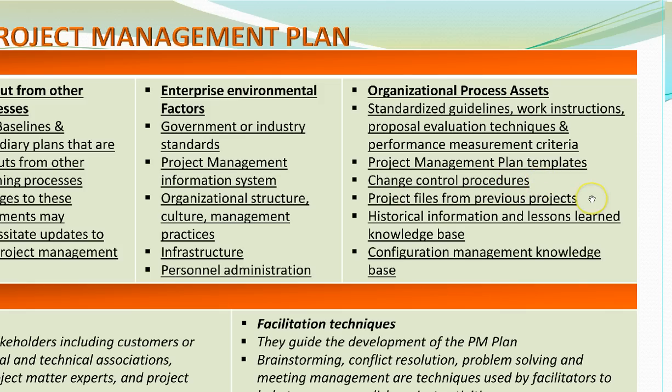project files from previous projects, because the company has done previous projects, so we use the project files from the previous projects, and they are part of the organizational process assets, historical information, and lessons learned from the knowledge base of the company, configuration management knowledge base. So these are all the different organizational process assets.